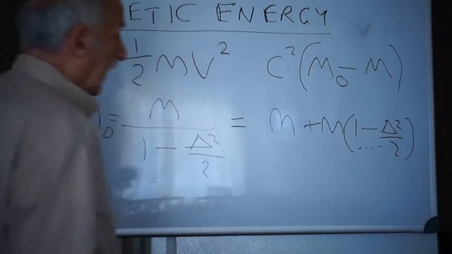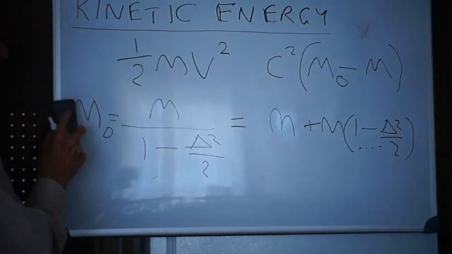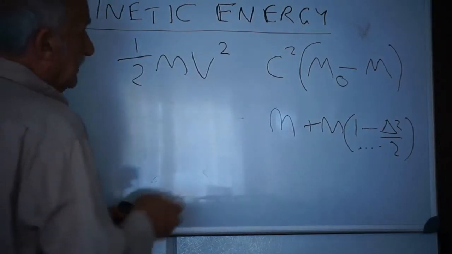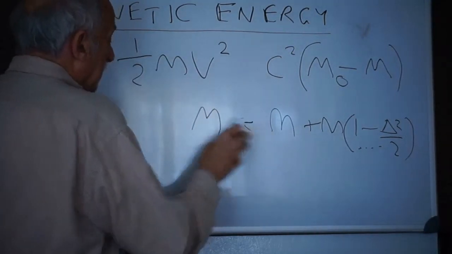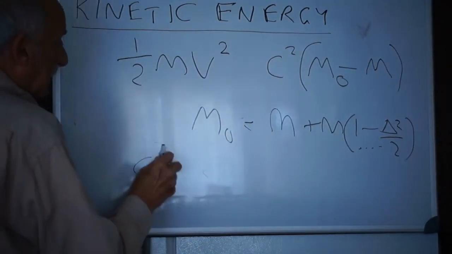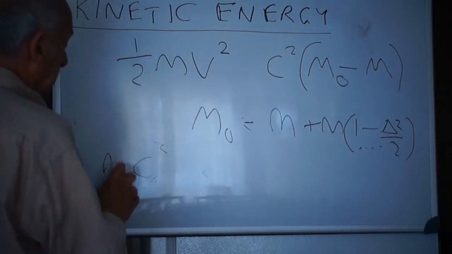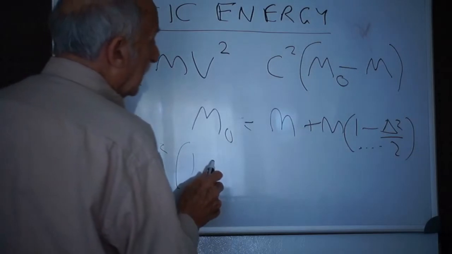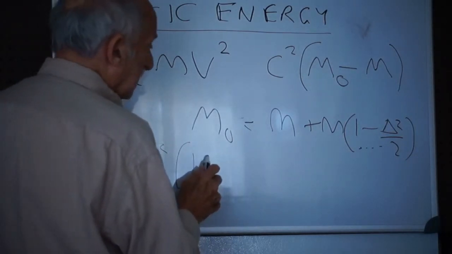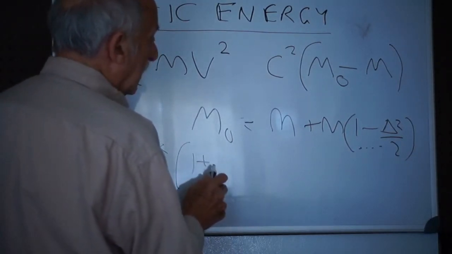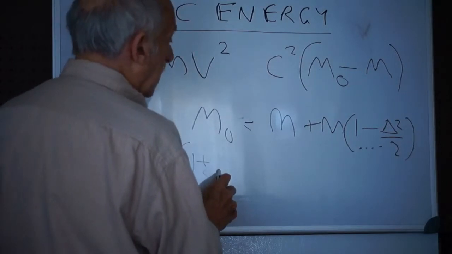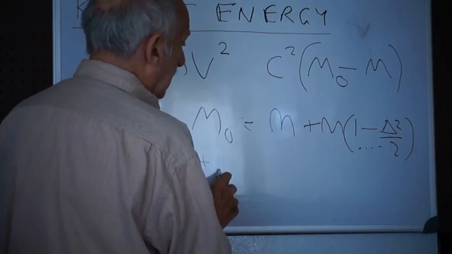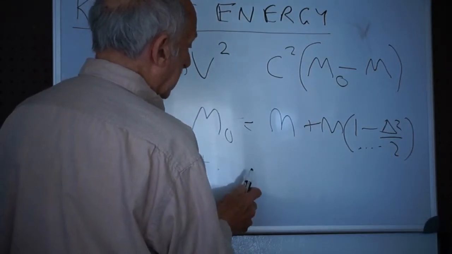That's correct. And so now we can substitute that in there, and we can say that this equals c squared into m into 1 plus m plus, I've got this the wrong way around, I think, somehow.